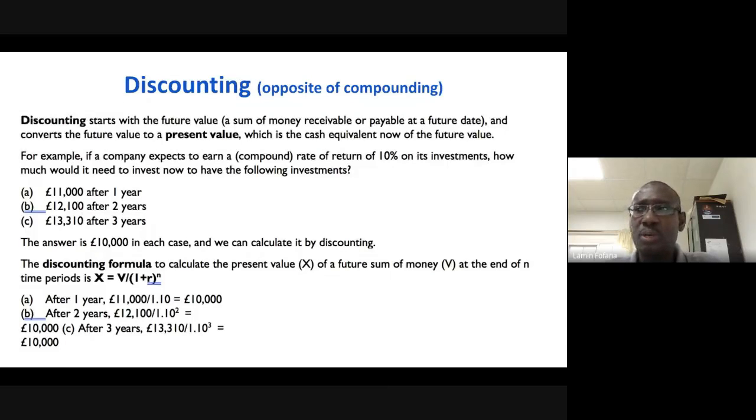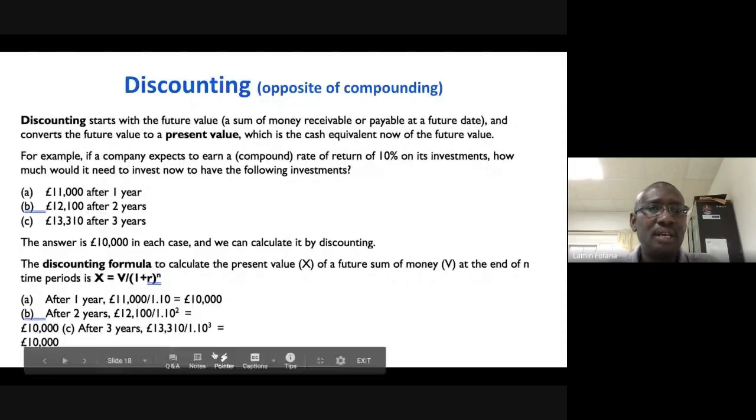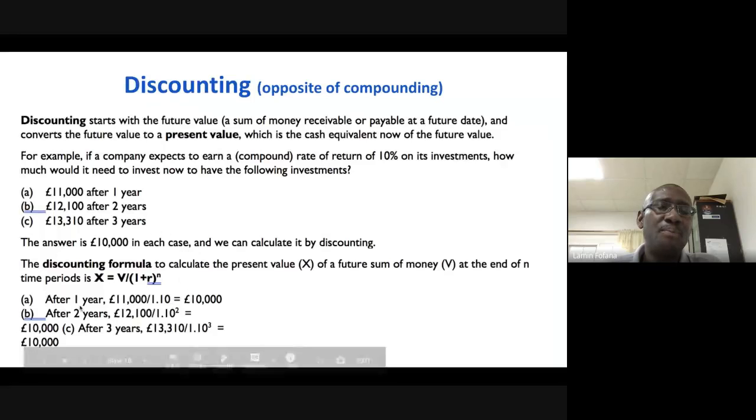This is what we will be doing in our NPV analysis and our IRR. So when you look at the formula, you don't have to remember it much. It's just the very opposite of the compounding formula.